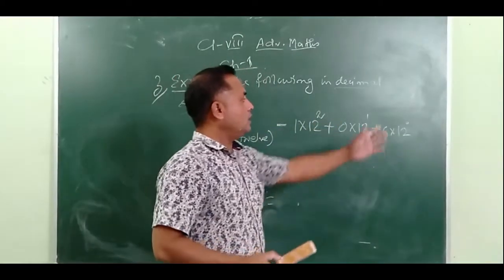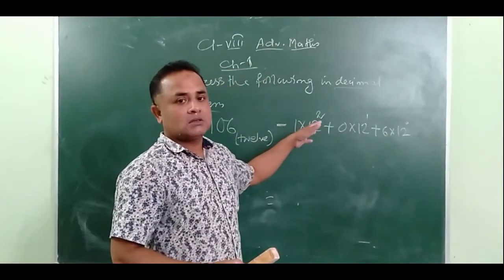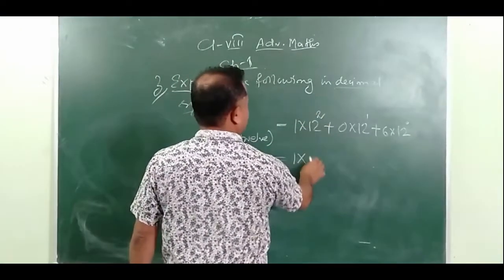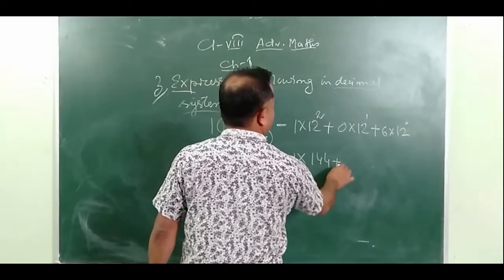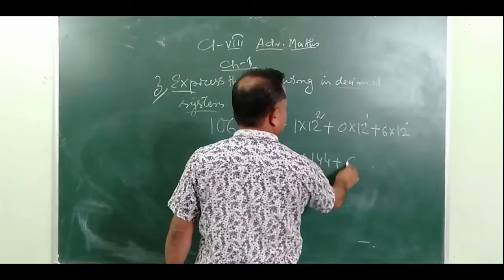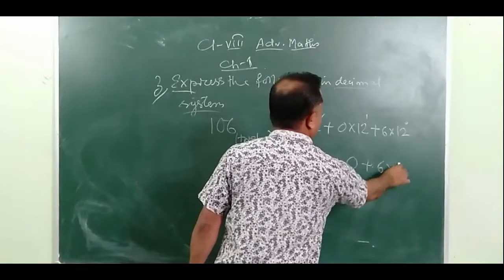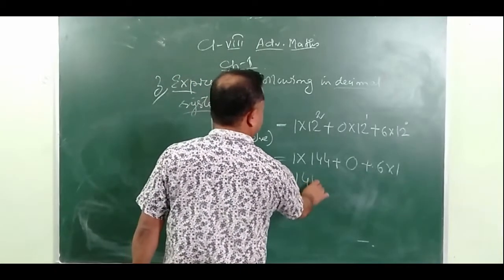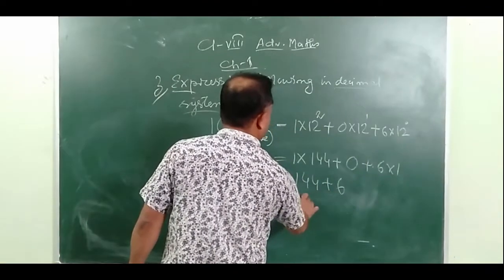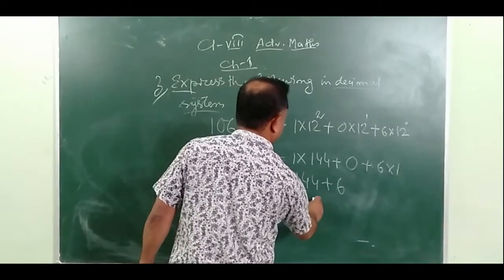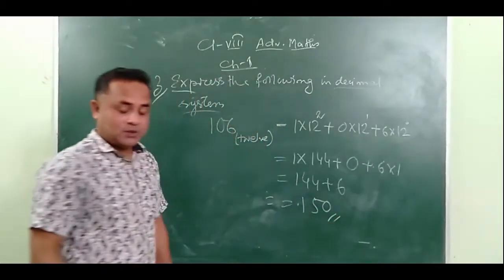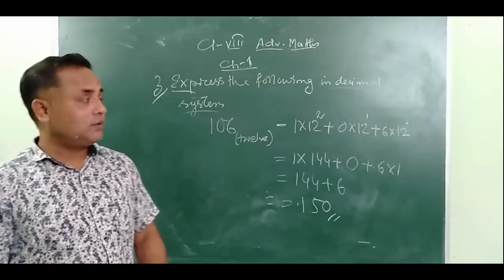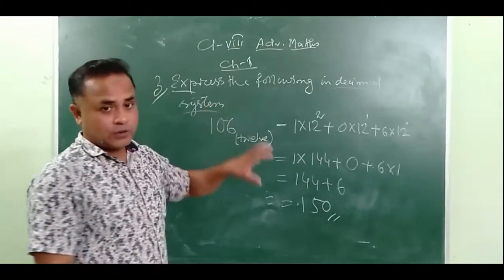That means power will go on increasing by n plus 1. So here we will get 1 into 12 squared, which is 144, plus 0 into 12 is 0, plus 6 into 12 to the power 0, which is 1. So it becomes 144 plus 6, that is 150. In this way you can do all the question number 3.